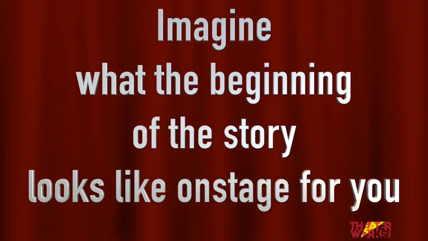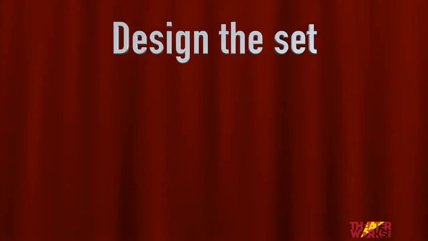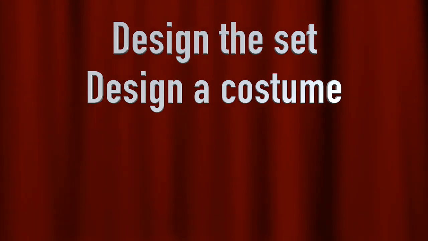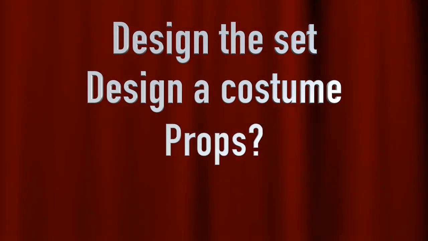Now, imagine what the beginning of this story looks like on stage for you. Draw or describe the set or scenery you would create. Draw or describe a costume for one of the characters. Draw or write a list of props you might need.